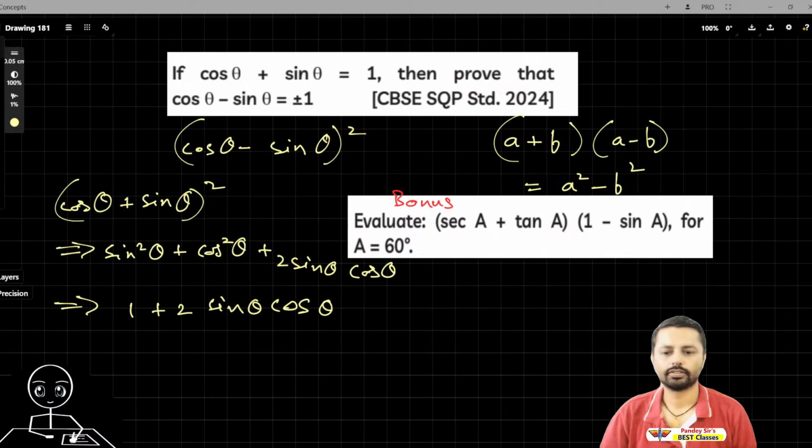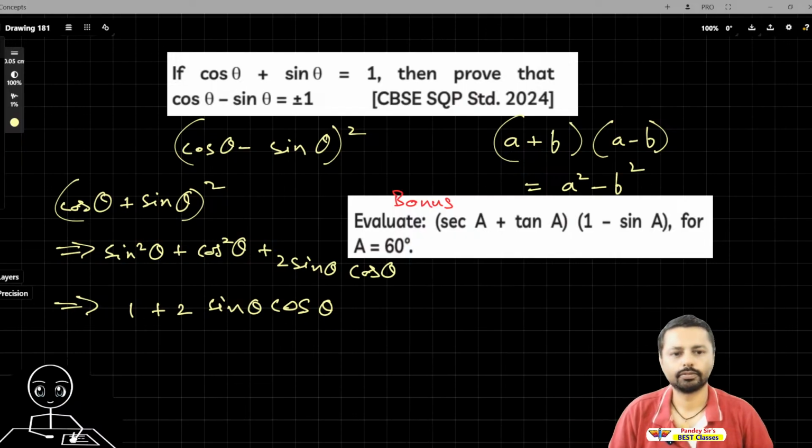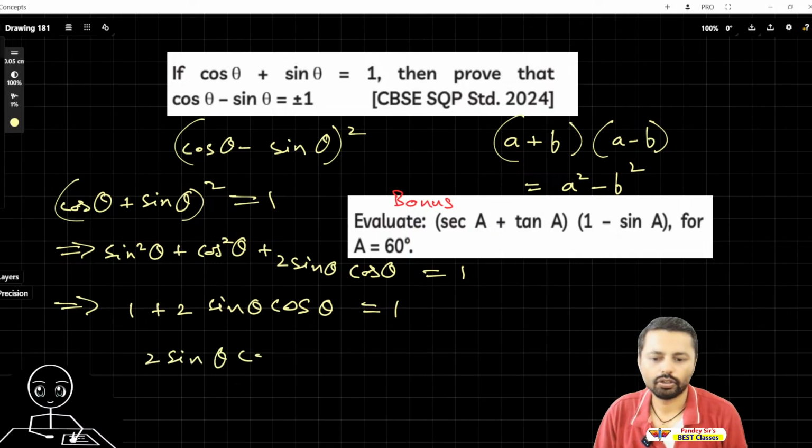Okay. After that, it was equal to 1. So here also it should be equal to 1. This 1 will go to that side and we'll get 2 sin theta cos theta equal to 1 minus 1.